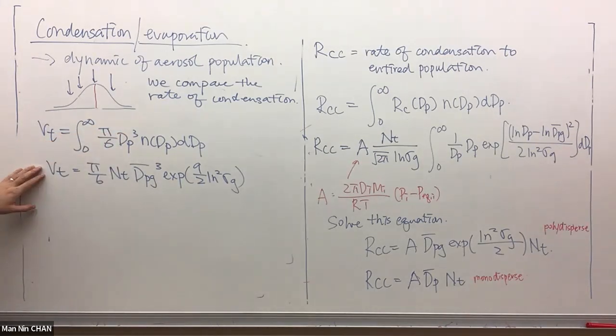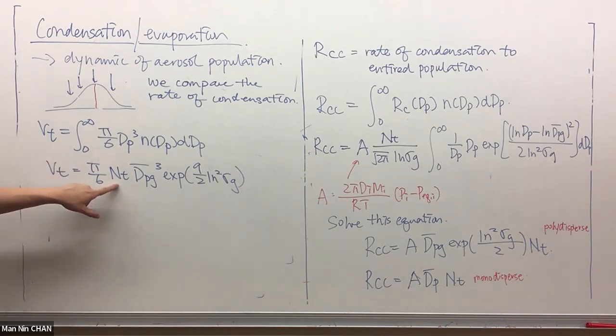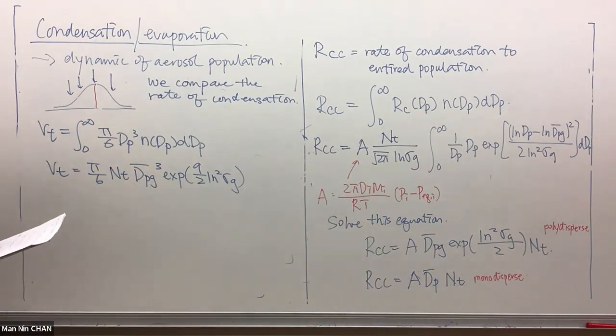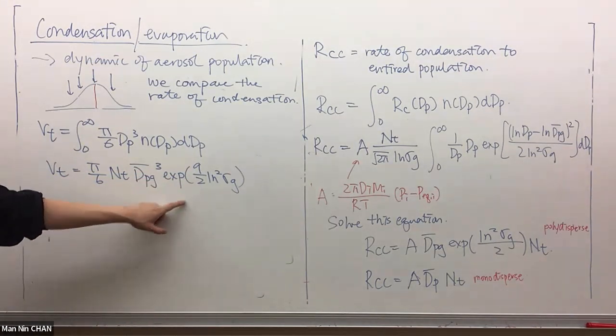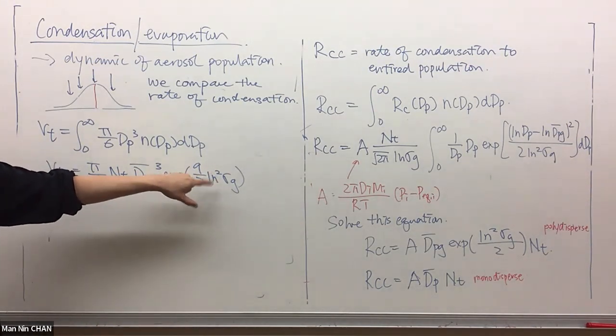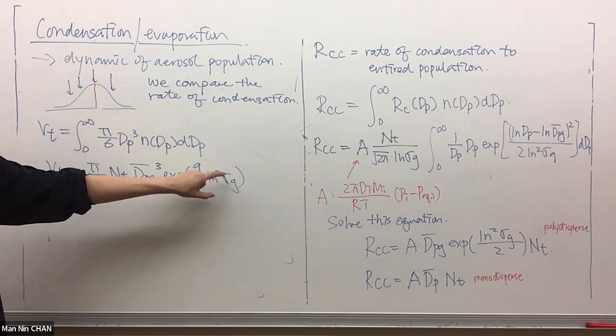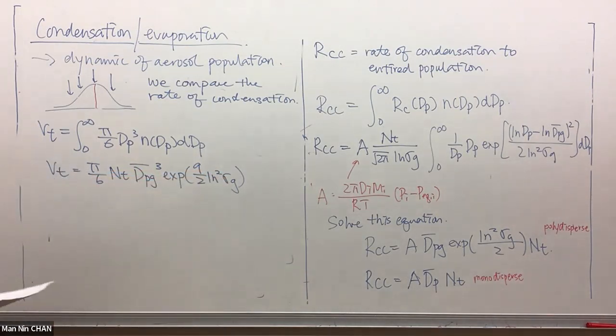So you come up with this: your total aerosol volume will be equal to pi over 6 times your Nt times your median diameter to the power 3, and then this exponential, 9 over 2 times ln squared of sigma g, where sigma g is the geometric standard deviation of your aerosol population.